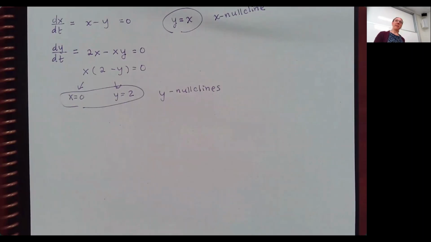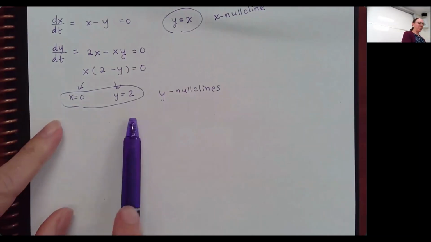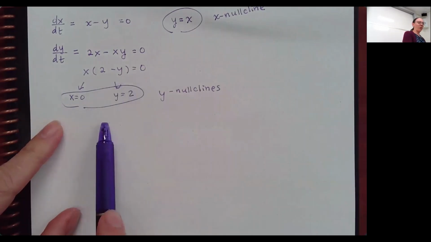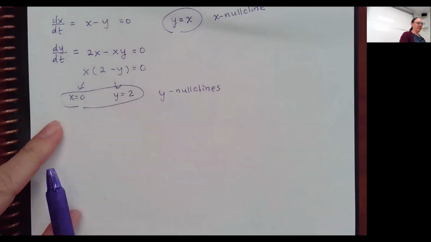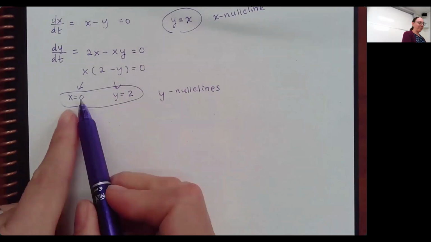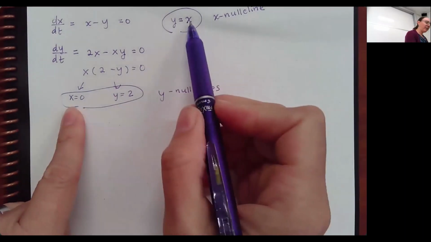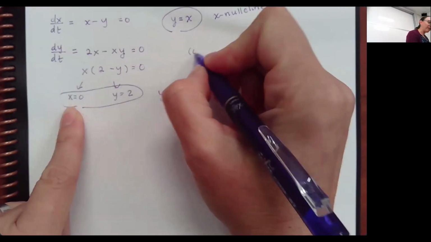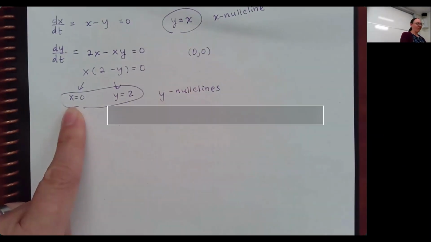So I can do that graphically, or I can just think about pairing the pieces up together. So I need something from here to be true and also for this to be true. So if x is 0, but x is equal to y, then 0, 0 is an equilibrium.